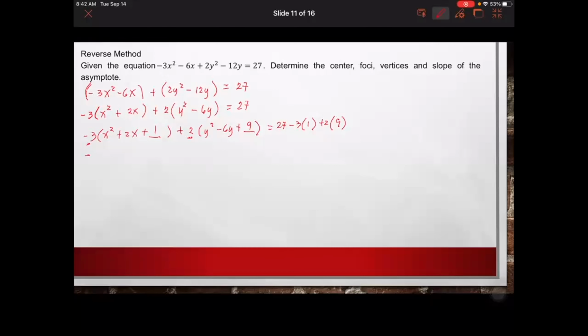So, magkakaroon tayo ng negative 3 times x plus 1, squared, plus 2 times y minus 3, squared, the square of a binomial, is equal to 27 minus 3 times 1 plus 2 times 9. What's the answer? Simplify natin itong part na ito.